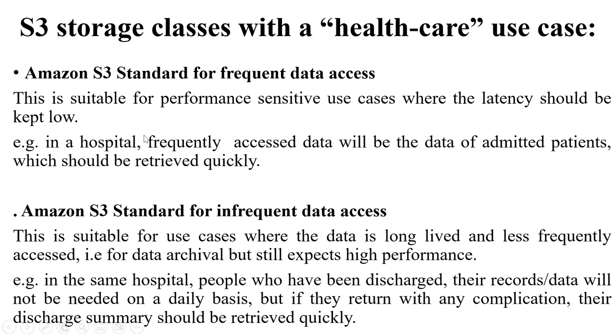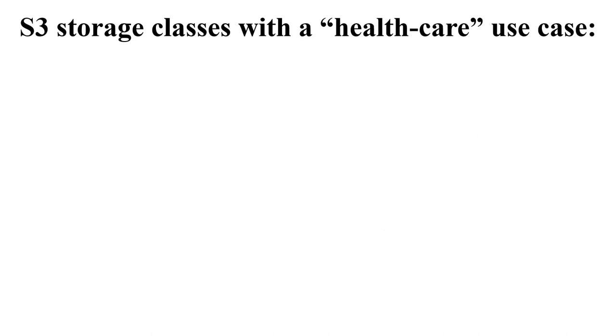But some objects, after a specific duration, we don't use regularly and they become infrequently accessed, but we should not delete them. You can move those objects automatically after a specific time into another storage class, the second level, which is infrequent data access.